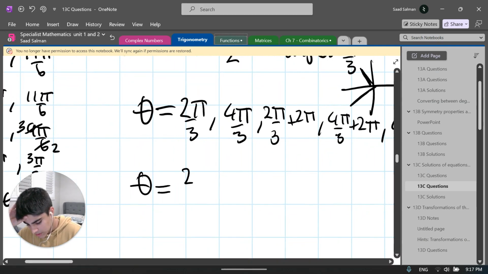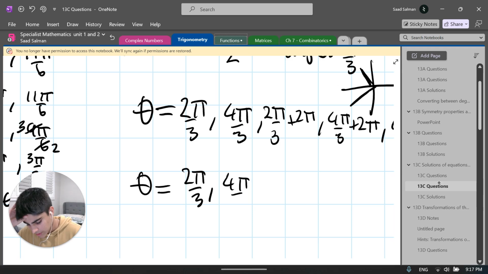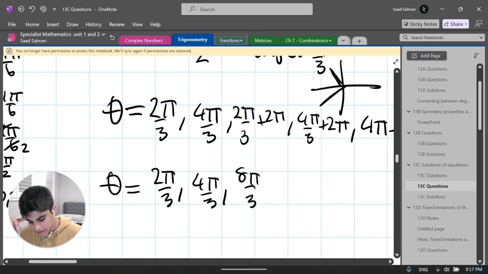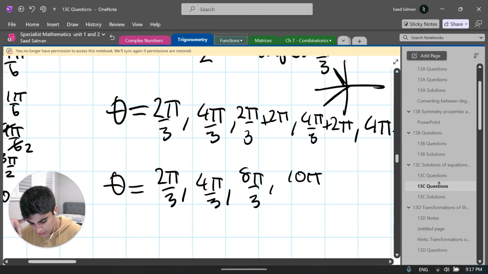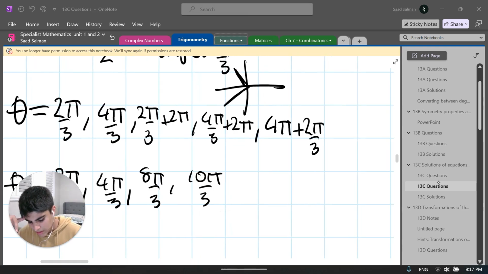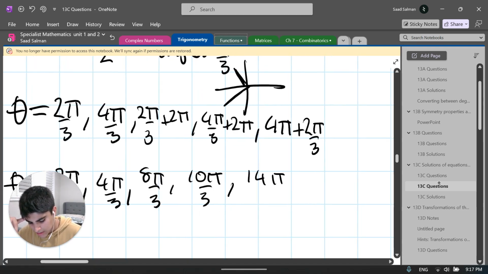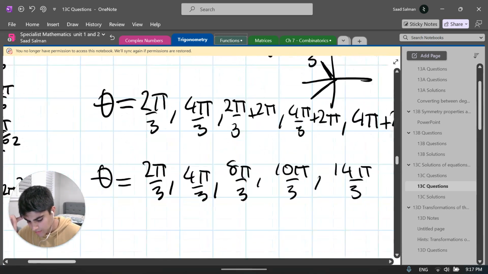Theta equals 2 pi on 3, 4 pi on 3, 8 pi on 3, 10 pi on 3, and 14 pi on 3.